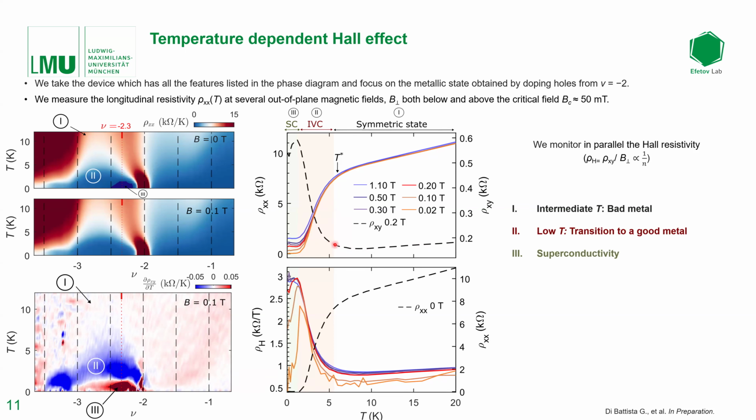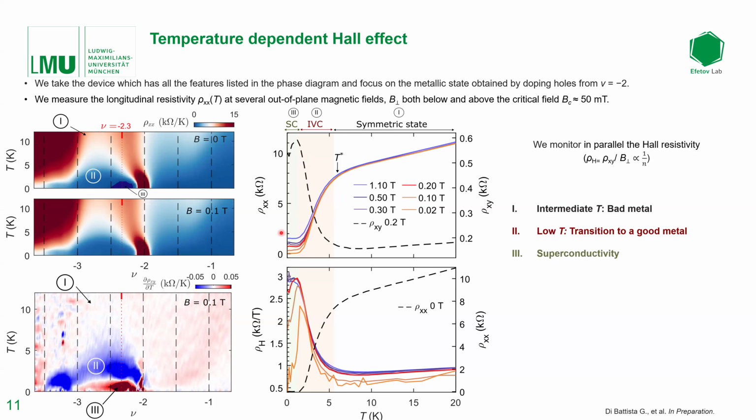And really at the same temperature scale as the IVC order sets in, the Hall effect increases by almost an order of magnitude, which could mean that there is some sort of renormalization of the Fermi surface happening, and we are evolving into a smaller Fermi surface in this process.